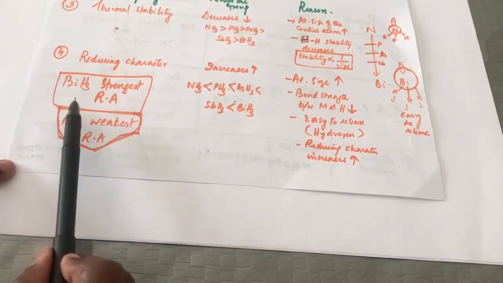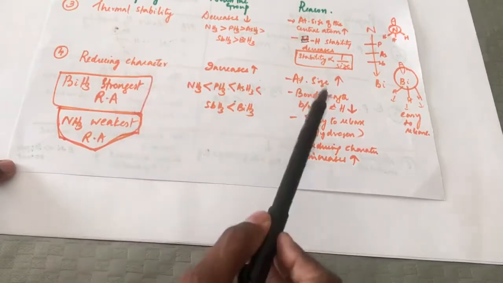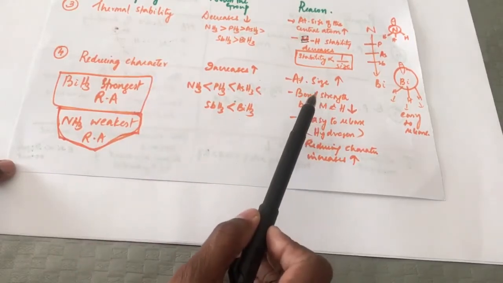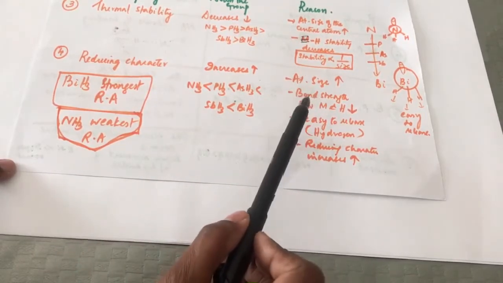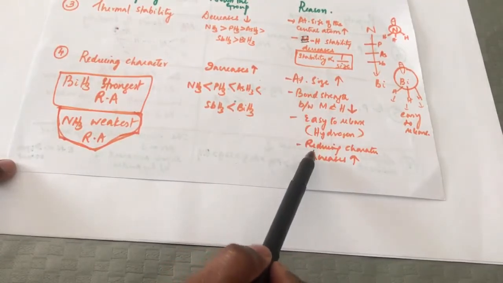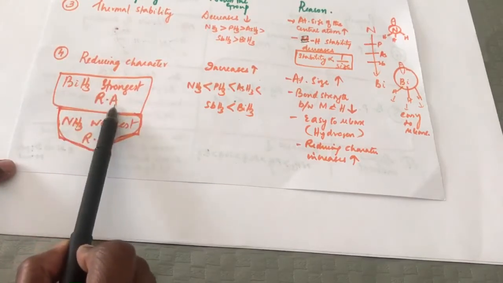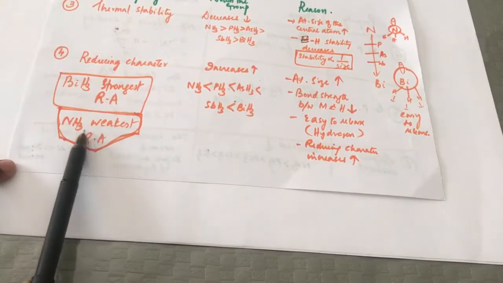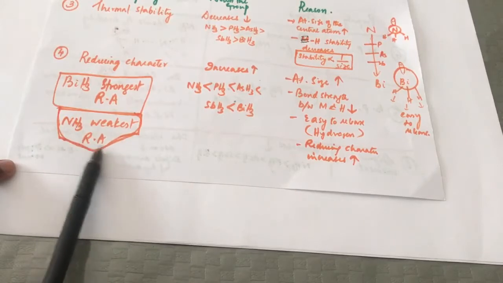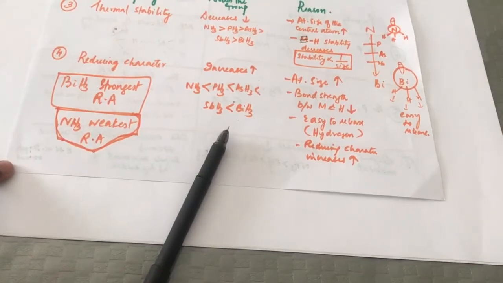So you have to study this, and this is how it is explained. BiH3 behaves as the strongest reducing agent, and NH3 is the weakest reducing agent. I hope you understood. Okay, now we can pass on to the next slide.